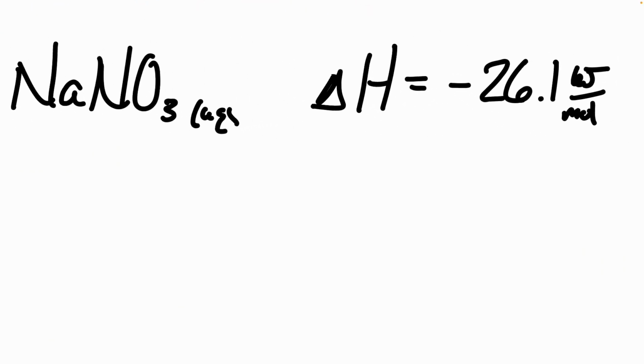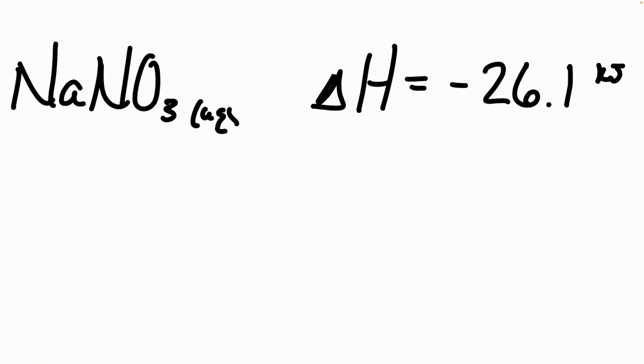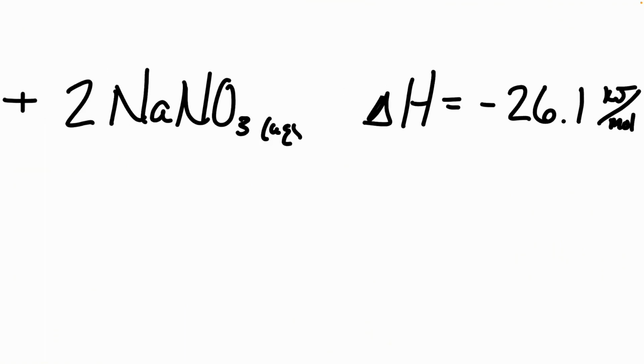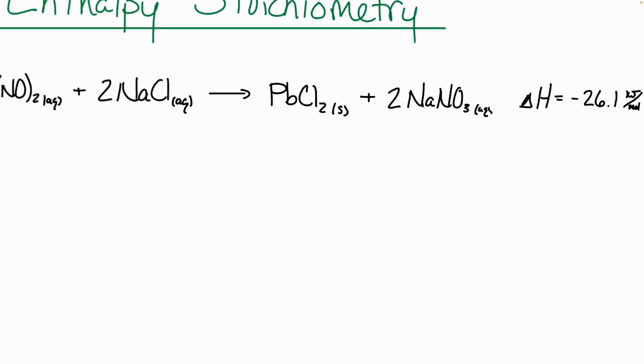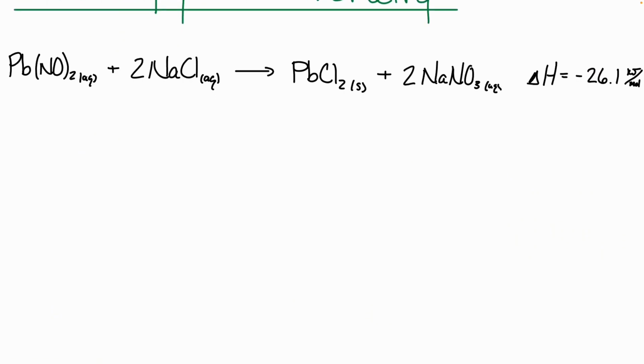All right, so our units of our enthalpy here, negative 26.1 kilojoules per mole. This is what we established based on our constants page. Again, that enthalpy is in kilojoules per mole.